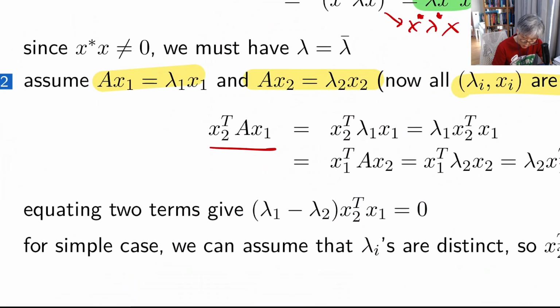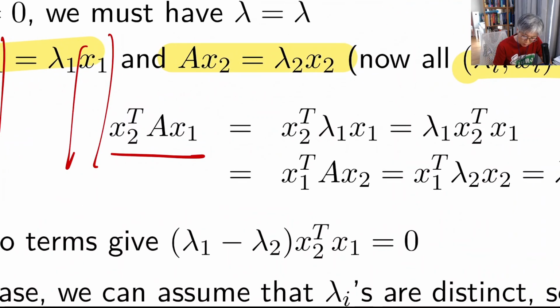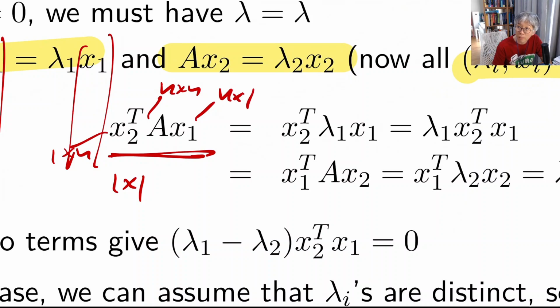So in this notation, my x1 is just the first eigenvector. It doesn't mean that this is the first entry of my x, okay? My x1 is a vector, my x2 is a vector. So when I do the quadratic function like this, it is still 1 by 1 because this is 1 by n by n, and this is n by 1. Okay, let's see. So I'm going to start with this.